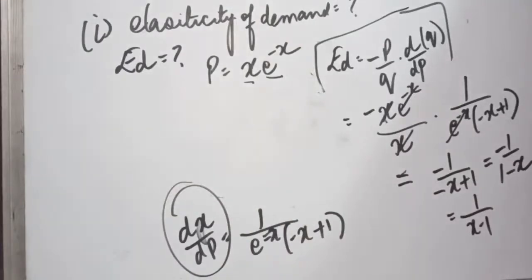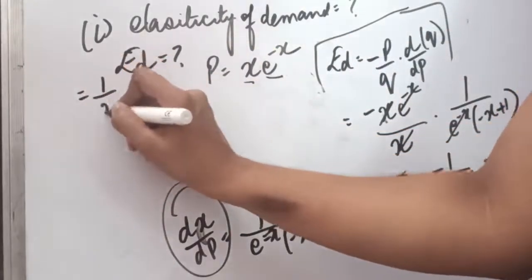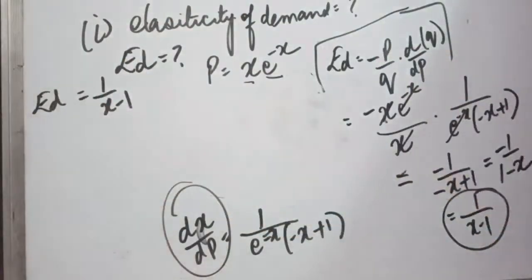So this is the answer of elasticity of demand. So we have calculated elasticity of demand has come out to be 1 divided by x minus 1. This is the first answer of this question.